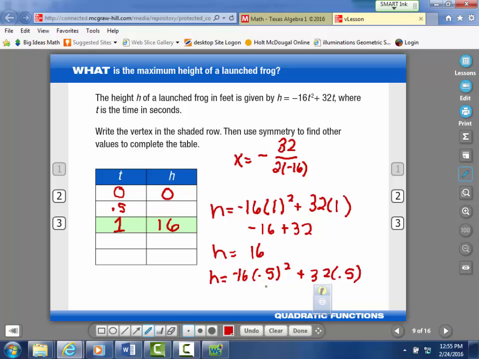And that one I went to my calculator. I didn't want to do all that in my head, sorry. So I got that h would be 12. Okay, so based on that information, if we went to 1.5 seconds, we should also be at a height of 12. And if we go another half, which would be 2, we should be back at 0 because we have that reflective thing going on.